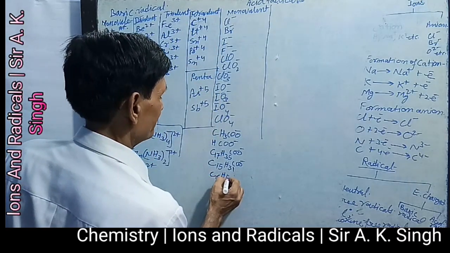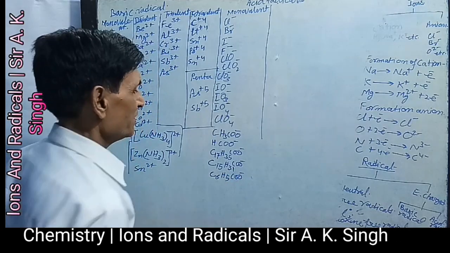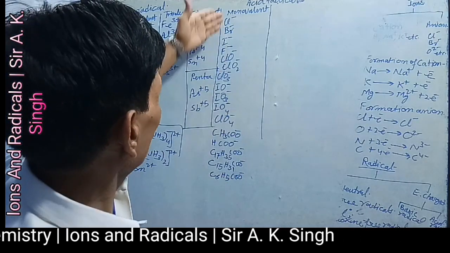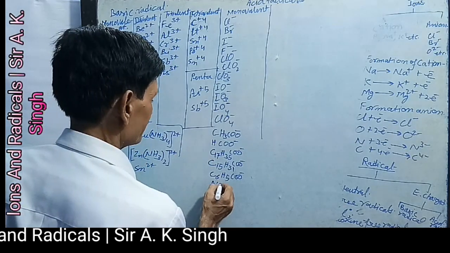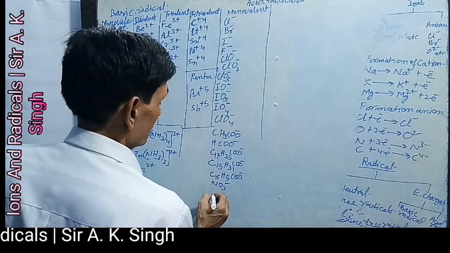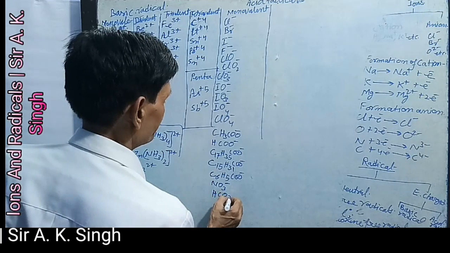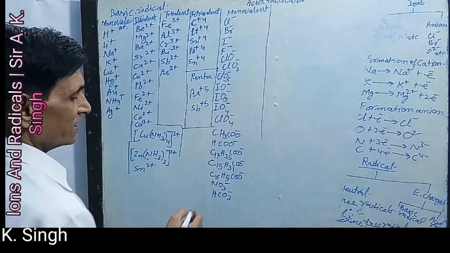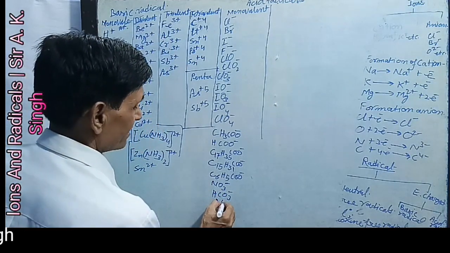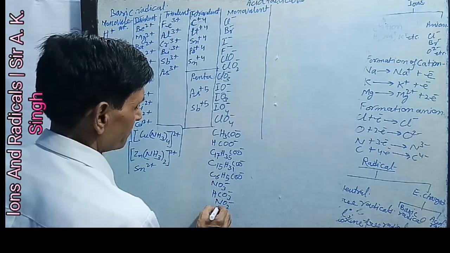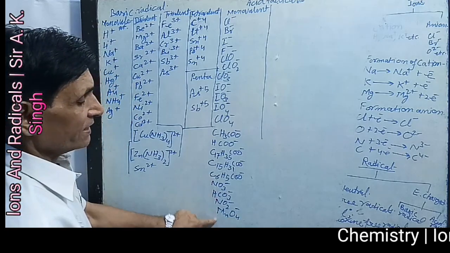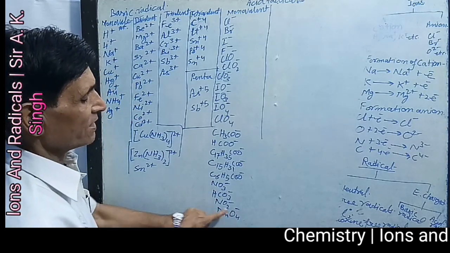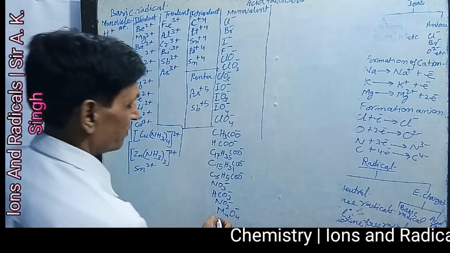Benzoate. These have only one negative charge. Nitrate. Bicarbonate. Nitrite. Permanganate having only one negative charge. Nitrite only one negative charge. Bisulfite.